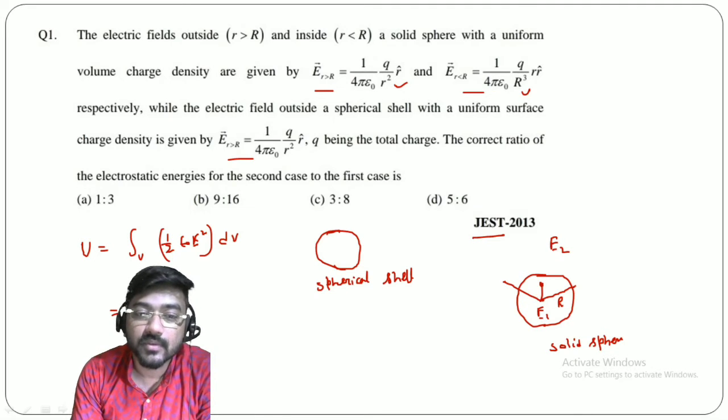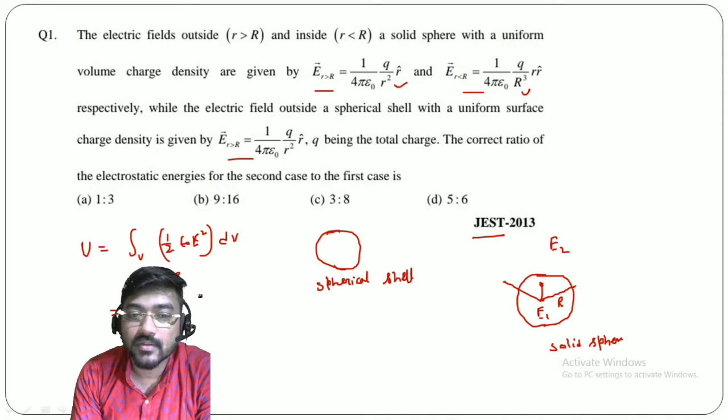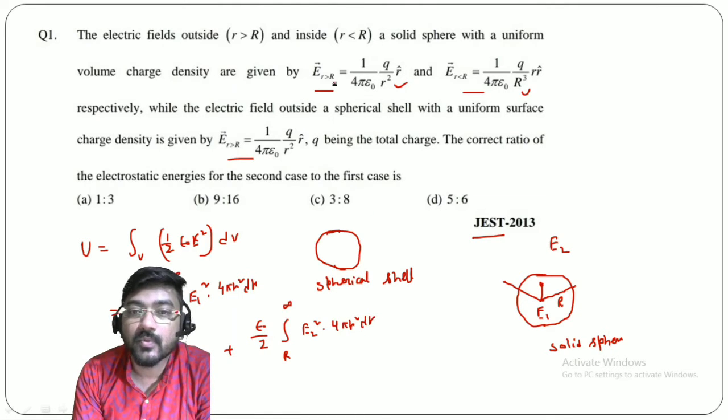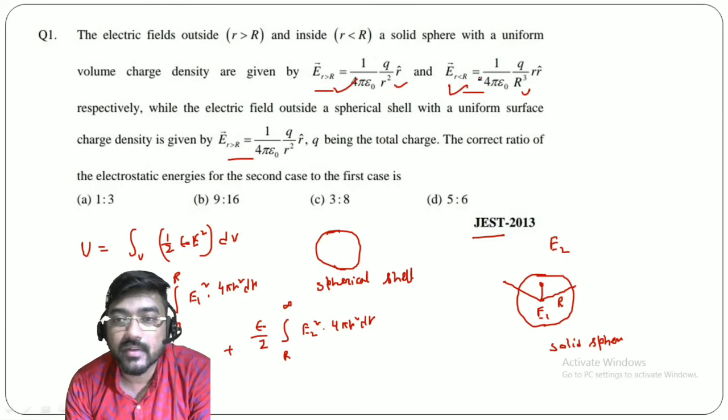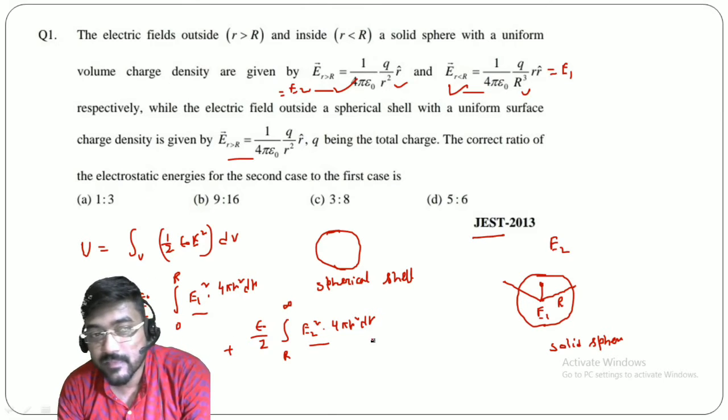Epsilon 0 by 2 is outside the integration, and you take the integral from 0 to R of E1 square into 4 pi r square dr, plus epsilon naught by 2 times the integral from R to infinity of E2 square into 4 pi r square dr. Now you put the values of E1 and E2, integrate, and you will get the result.